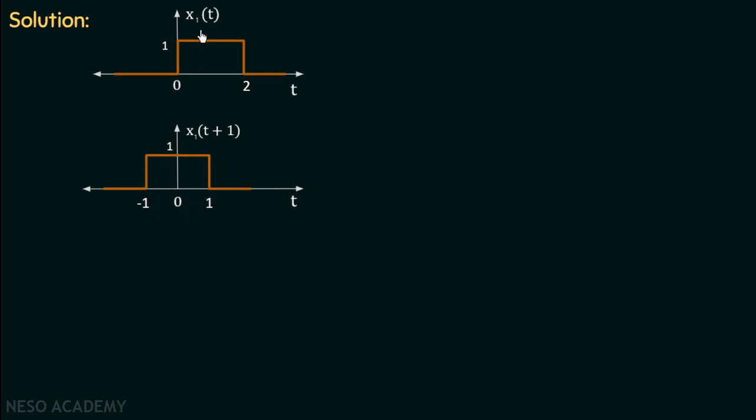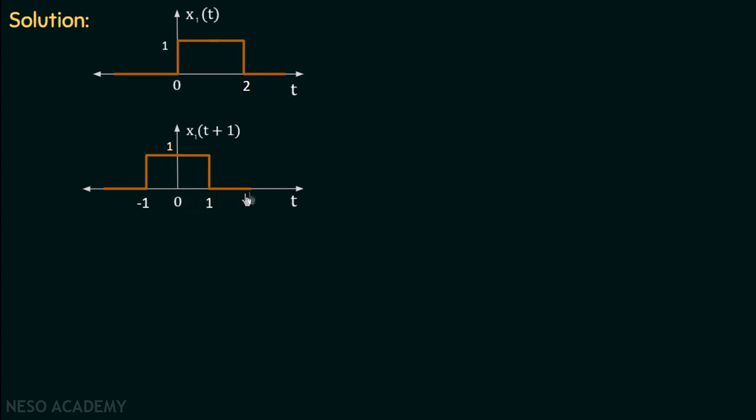If I time shift this function on the left hand side by a factor of 1, then 0 will shift to minus 1 and 2 will shift to 1. And that's why its value from minus infinity to minus 1 will be equal to 0. The value from minus 1 to 1 will be equal to 1, and the value from 1 to infinity will be equal to 0.